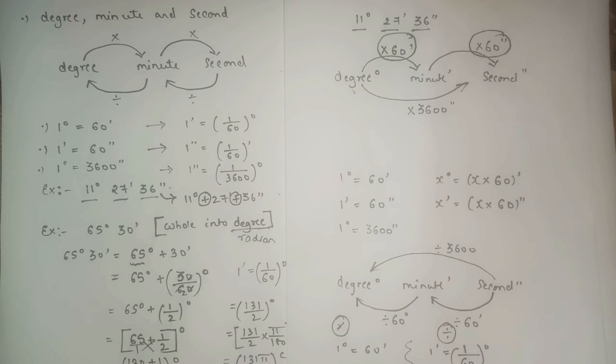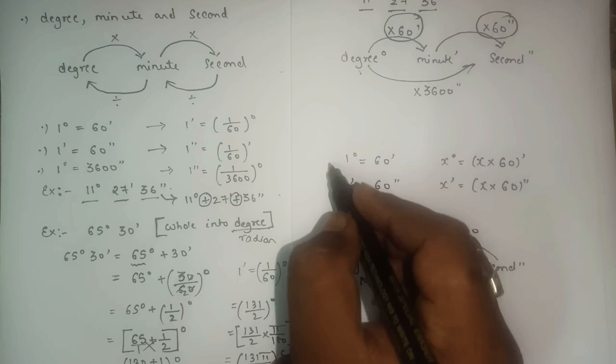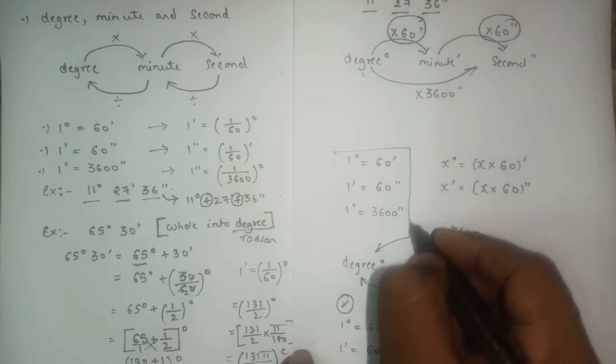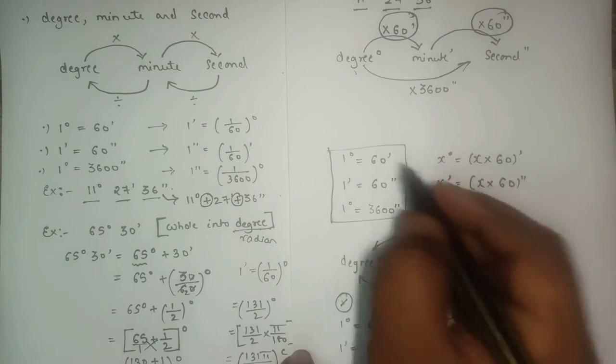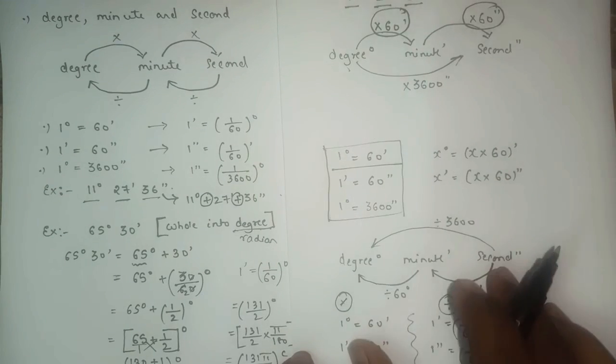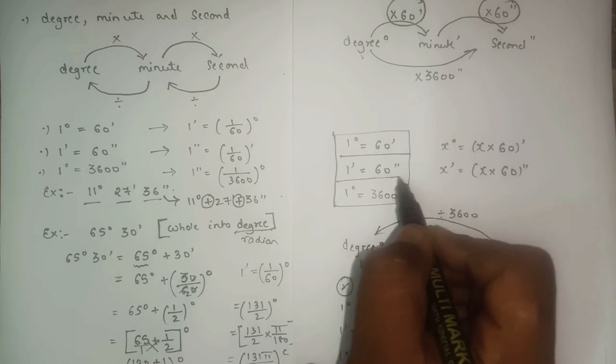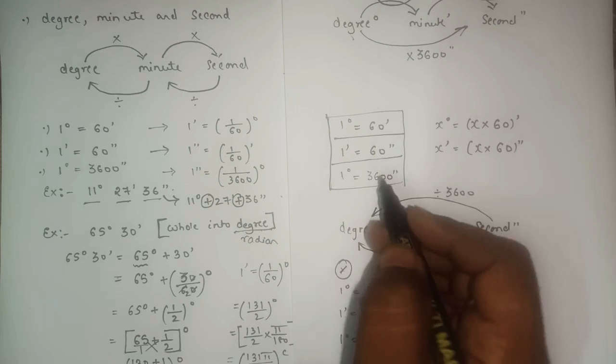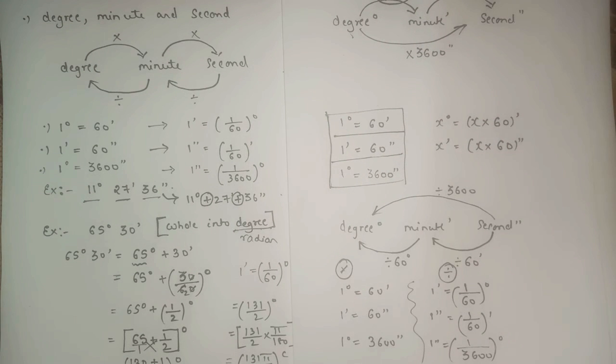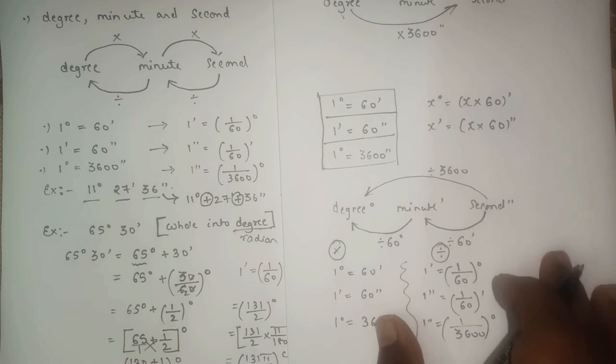Remember this, 3600. So here we have the concept, that 1 degree is equal to 60 minute, 1 minute is equal to 60 second, and 1 degree directly to second is 3600.